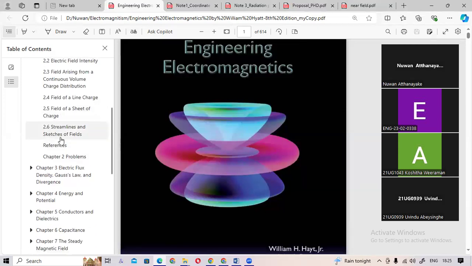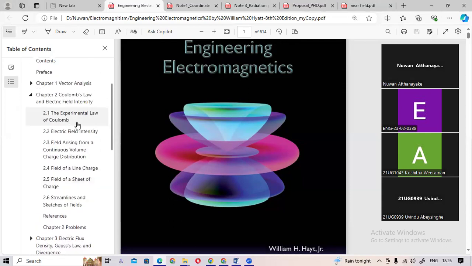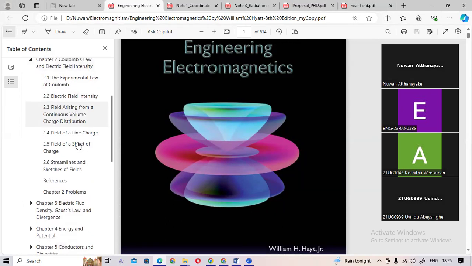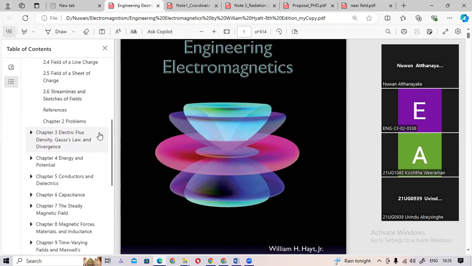And we have done some questions related with the volume charge also: find the electric field intensity using Coulomb's law. For these cases, we have done some examples.